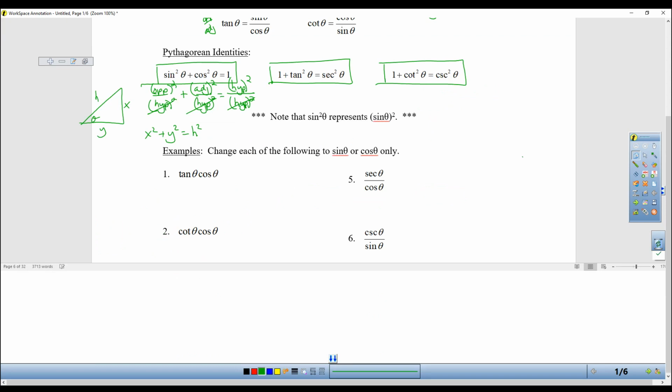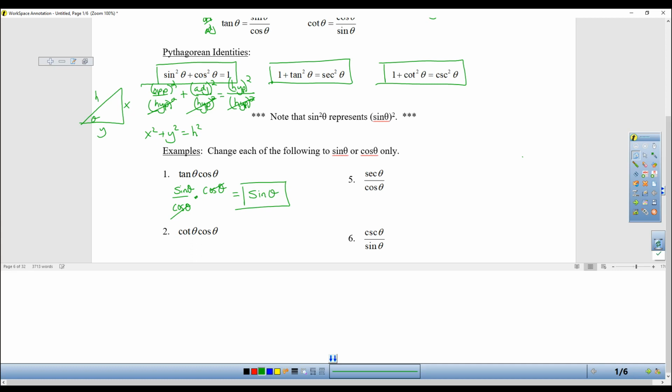Change each of the following to sine or cosine only. It doesn't matter which one. So tangent, look up on your top there, is sine over cosine times, juxtaposition means multiplication, times cosine. Then the cosines cancel, and you get sine.